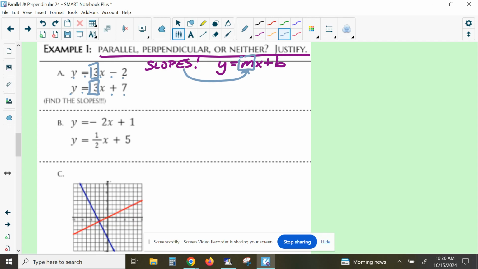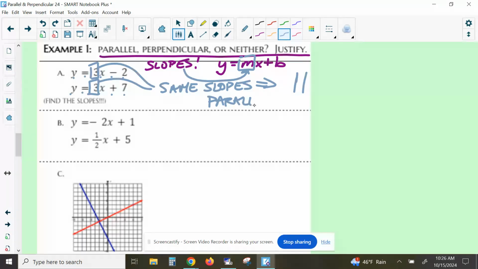So what do you know about that? Same slopes are what? Parallel. Same slopes means that they are parallel.